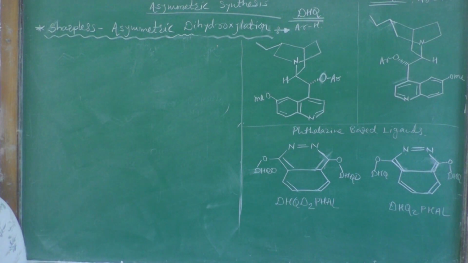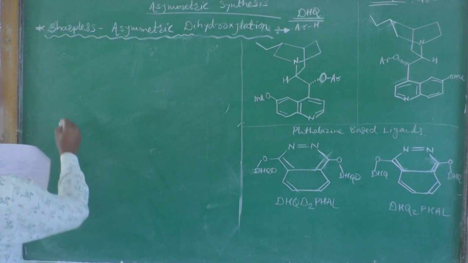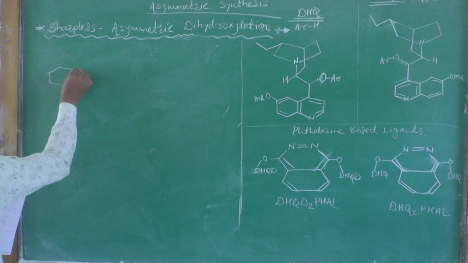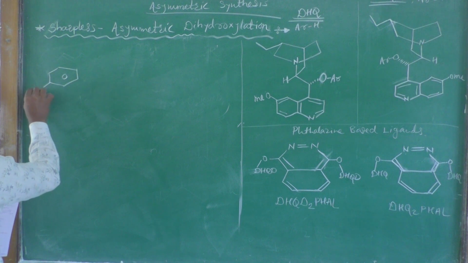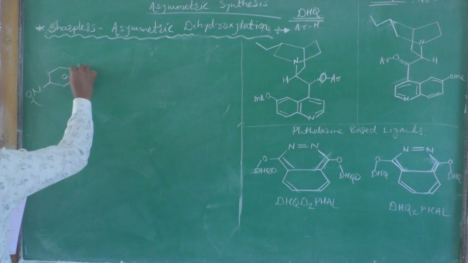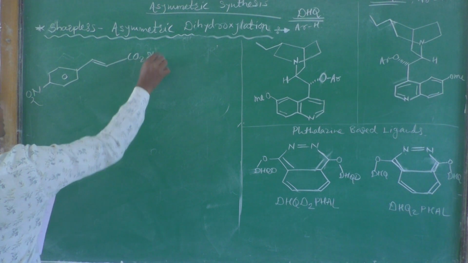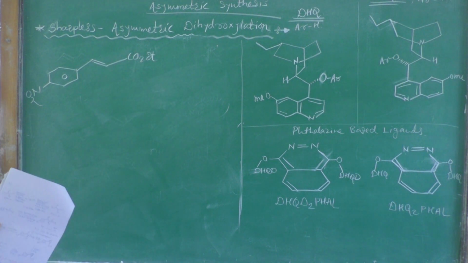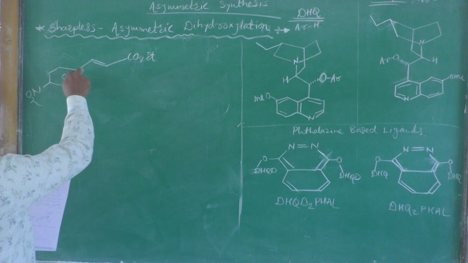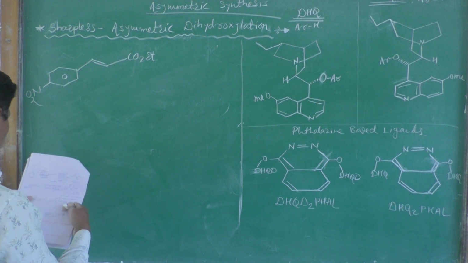Now the examples are, let us say this is a para-nitrophenyl group, and this is a carbon-carbon double bond having a CO2 ester, an alpha beta unsaturated ester, with the para-nitrophenyl group at the beta carbon.